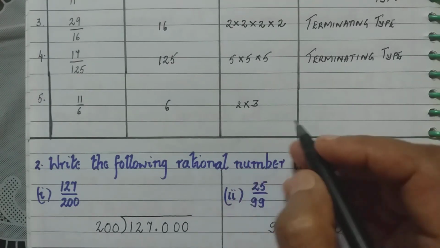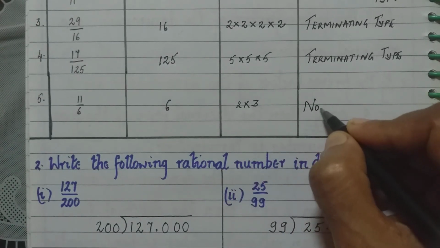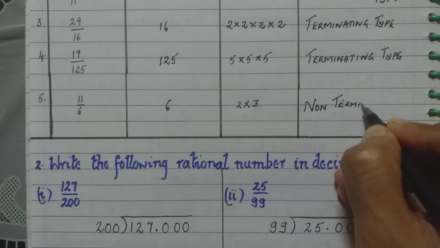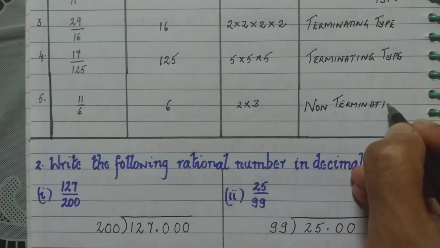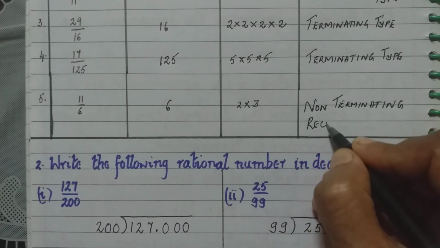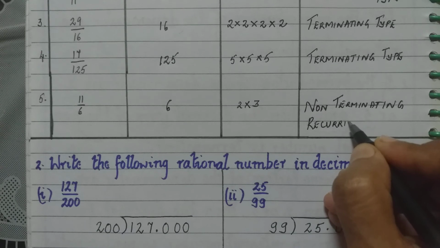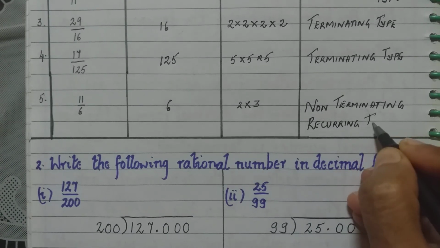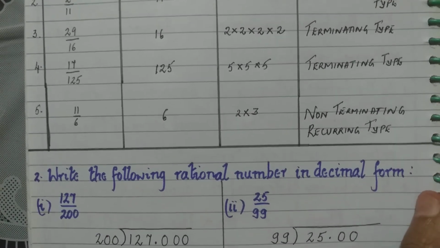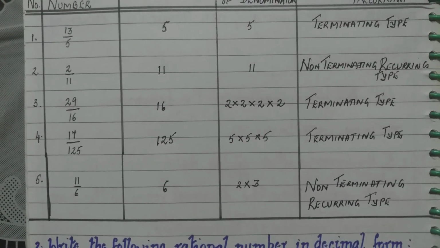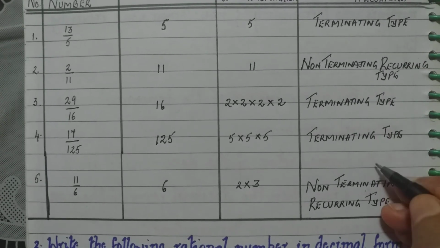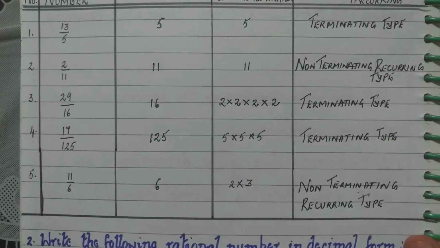So it cannot be the terminating type. So we write it as non-terminating recurring type. So among all the 5, we have 2 non-terminating recurring type and 3 of them are terminating type.